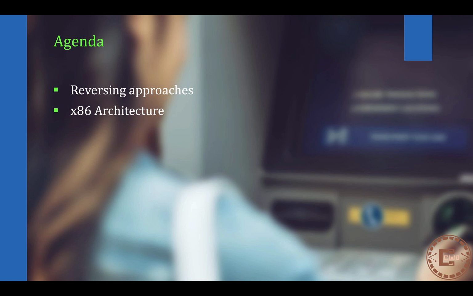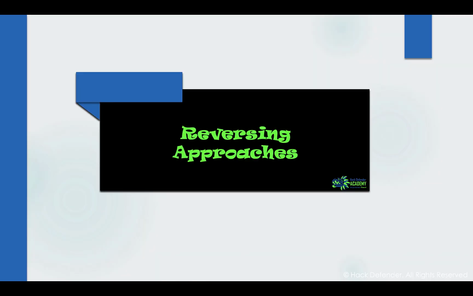Then we're going to be talking about architectures, like in this case x86 architecture, which is not very common lately for Windows, but definitely is very common for IoT devices, which still are running x86 architecture. Then x64, which is all the new Windows systems running on that architecture, and calling conventions. It's very important to understand how the functions are being called. You will see why, and the summary. Okay, so let's get started.